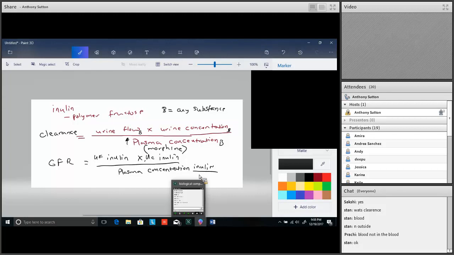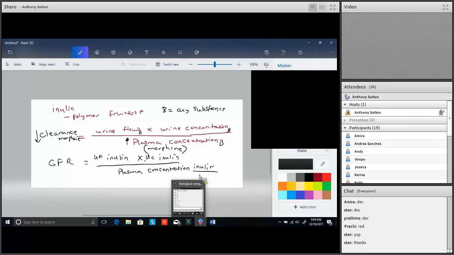If I increase the plasma concentration of morphine, what happens, Stan, to the clearance of morphine? That's right. Exactly. Does that make sense? Because if there's more morphine in the blood, then there's less morphine being urinated out. So that's what clearance is, just its ability to leave the body.